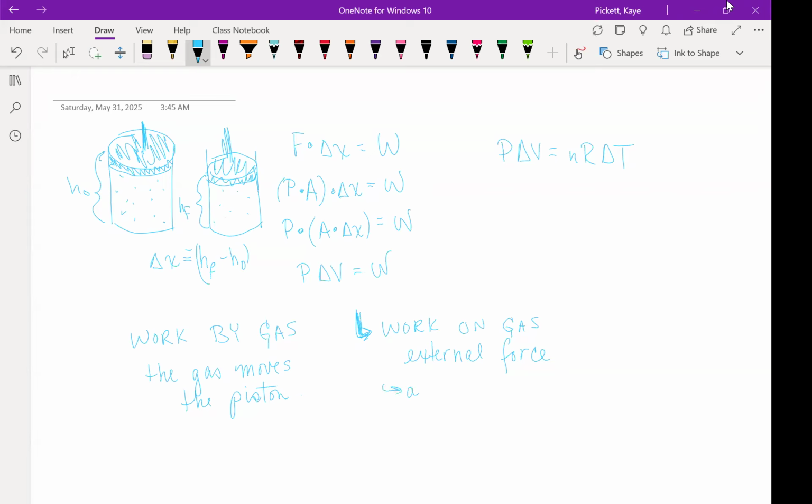I am adding energy to the system. Whereas if work is done by the gas, energy is leaving the system.